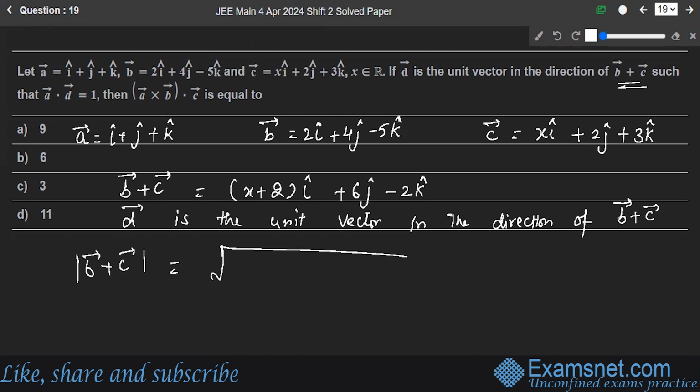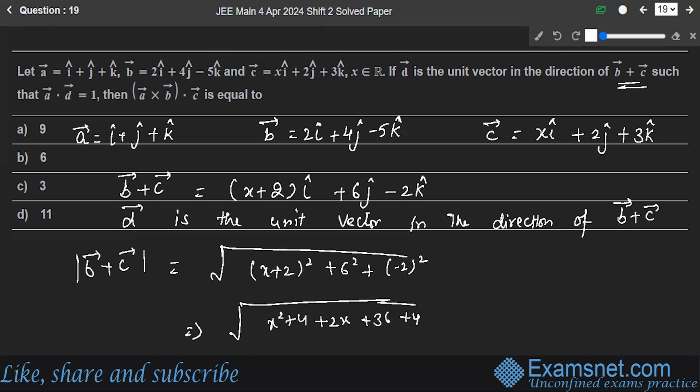This will be given by the square root of (x plus 2) squared, plus 6 squared, plus (minus 2) squared, which is 36 and 4, that is 40. Let it be (x plus 2) squared only, I will not open it up. That will be better. So this is this and this is 40.